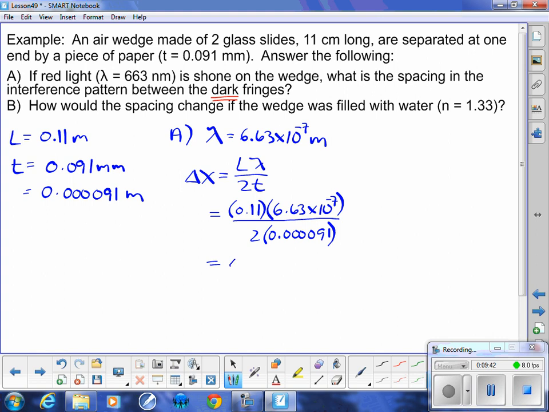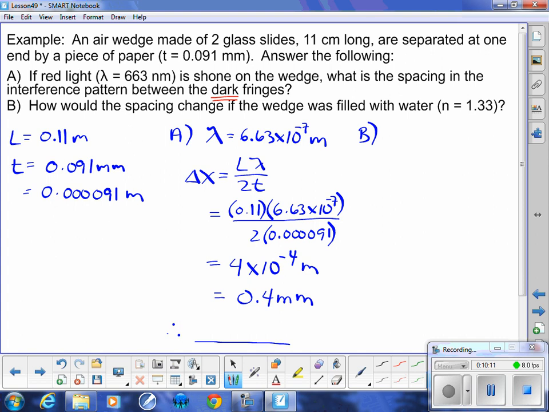And when you calculate that out, your calculator is probably going to give you 0.44, or 0.4 millimeters would probably give you the answer in the back of the book. So therefore, the fringes are going to be 0.4 millimeters apart. Actually this one's pretty tough for you to detect with the naked eye when the bands are that small.